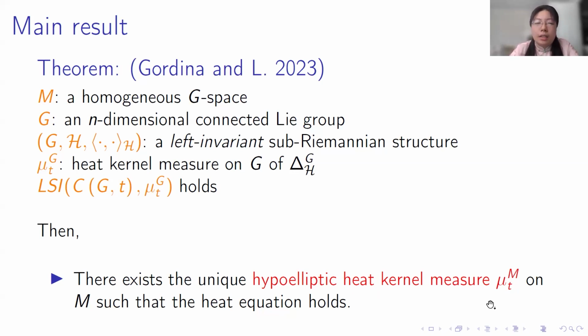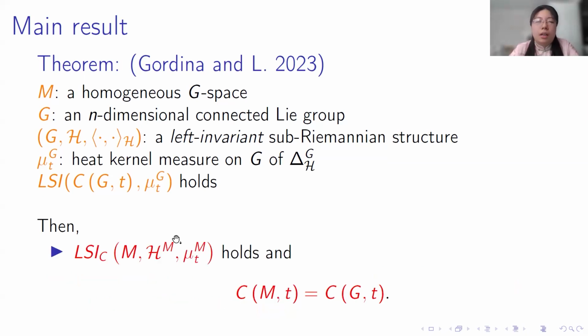Now, with the existence and uniqueness of this heat kernel measure, you can define a nicely behaved Dirichlet form on the homogeneous space, and we can show it's closable as well. But last but not the least, this allows us to show a log-Sobolev inequality with respect to the heat kernel measure on M. Moreover, we get this formula for the constant.